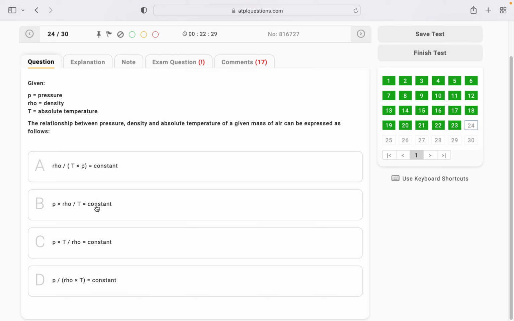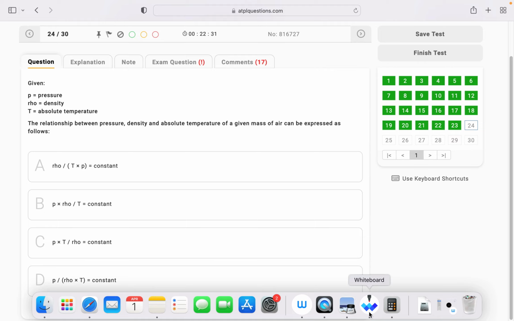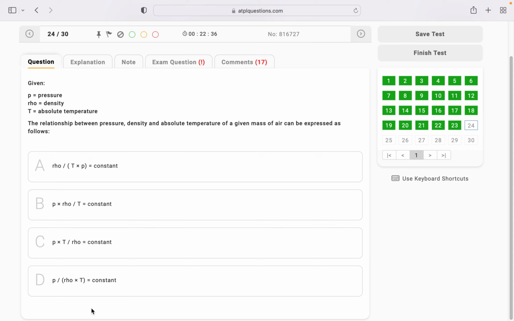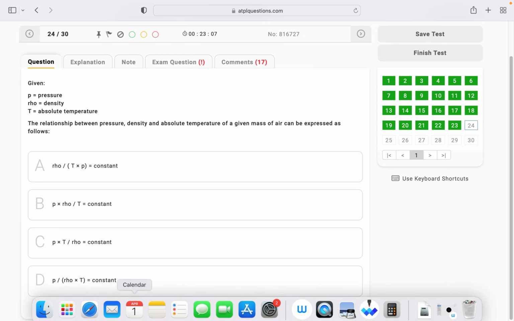Let me see again the type. Pressure. What arrangement is this? No. Pressure. I'm getting confused with a small p pressure. Okay, this one is the correct, by doing some rearrangements.